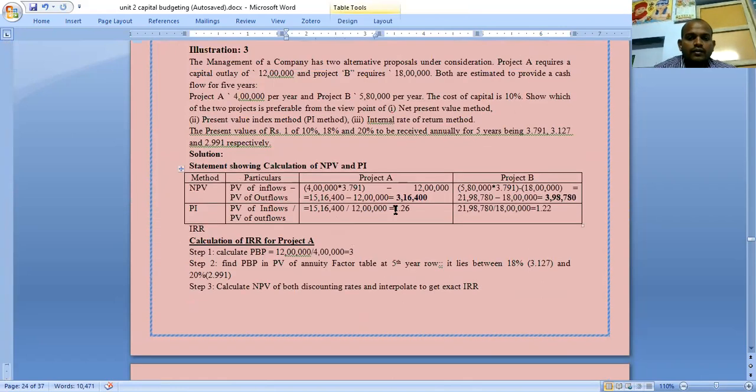So NPV for project A is 3,60,000 and 3,98,000. So NPV is higher in the project B. As per the NPV, project B is preferable.